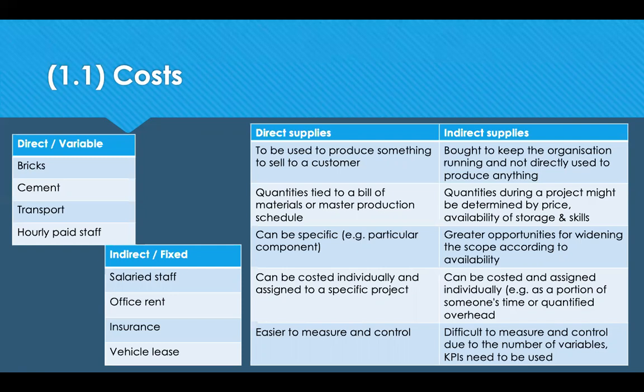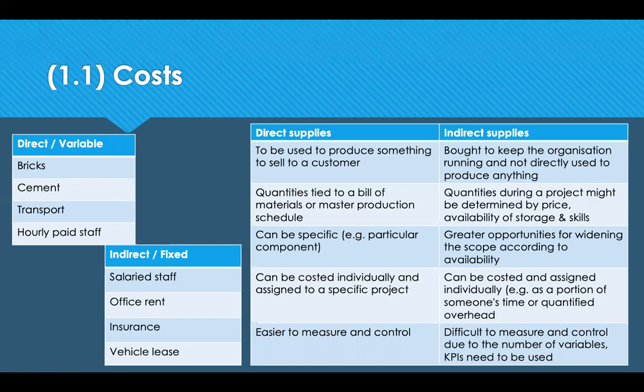Indirects, though, are bought to keep the organisation running. So these are overheads, general running costs. The quantities or provisions required during a project might be determined by price, availability, storage, working space, skills, and so on. There's a greater opportunity for widening the scope according to what's available, as well as outsourcing or merchandising.